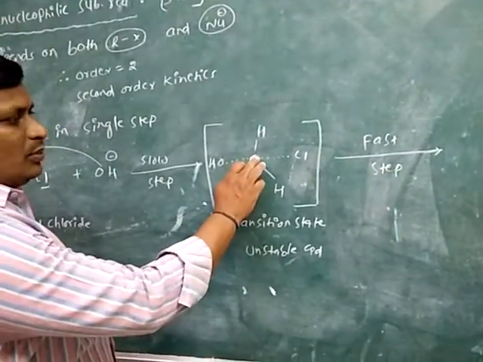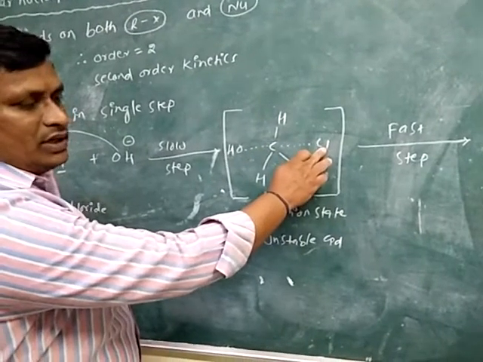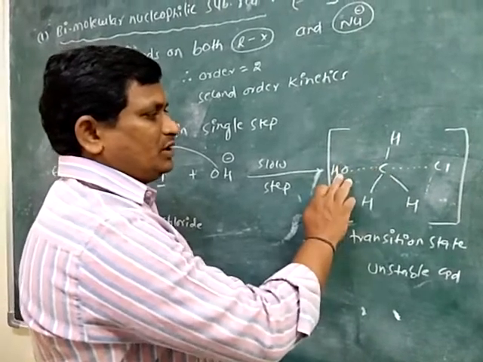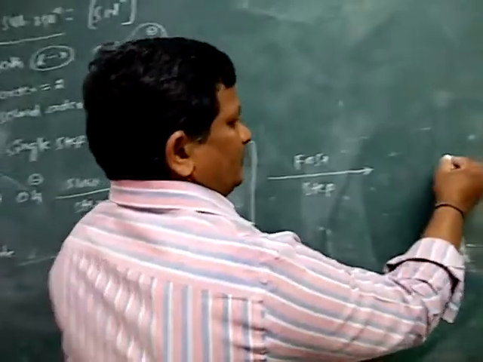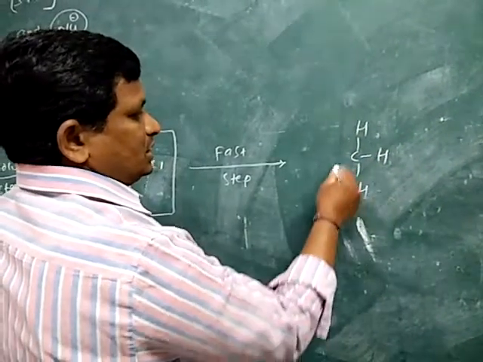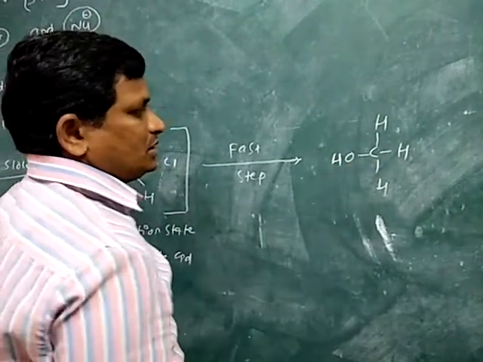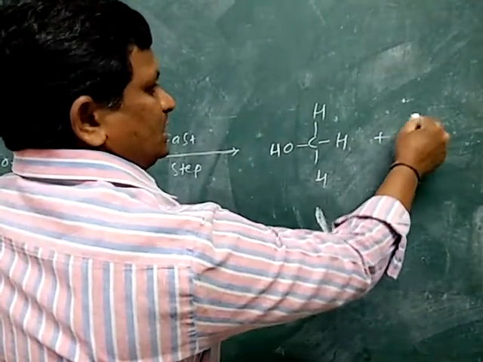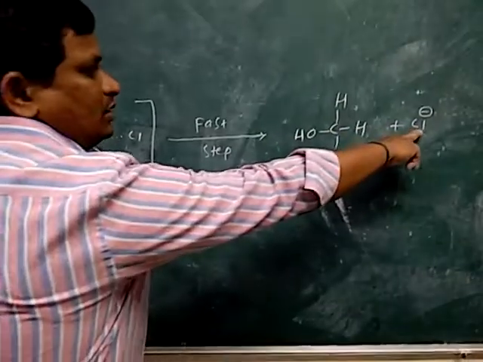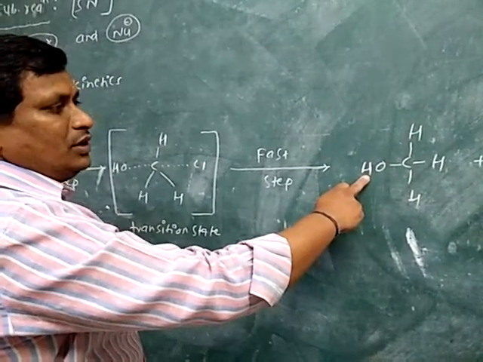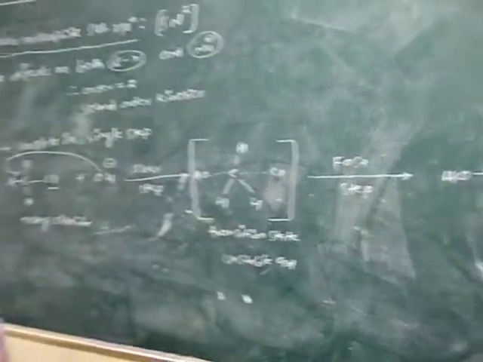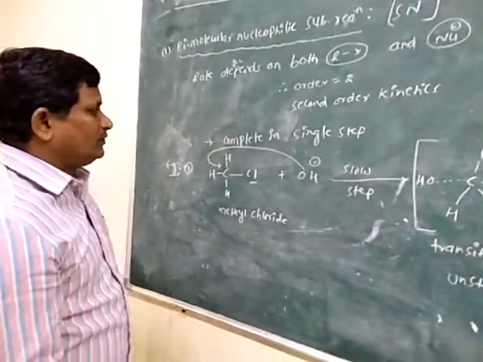Now the partial bond between carbon and chlorine is broken, and a strong covalent bond is obtained between carbon and the nucleophile, giving CH3OH plus Cl minus, the chloride ion. So in this mechanism, the halogen is substituted by the nucleophile. So it is a nucleophilic substitution reaction, a bimolecular reaction.